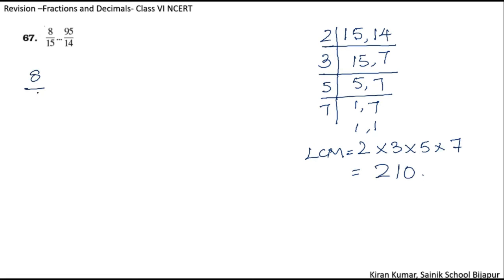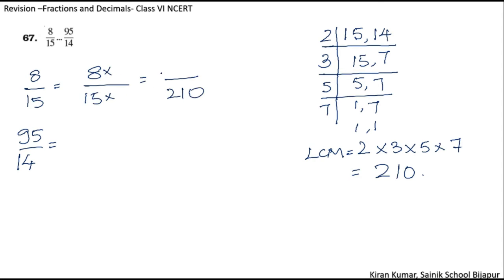I'd convert 8 by 15 and 95 by 14 with the LCM as 210. So 8 by 15, I need to multiply some number to make the denominator 210. I would multiply 14. So 14 times 8 is 112.